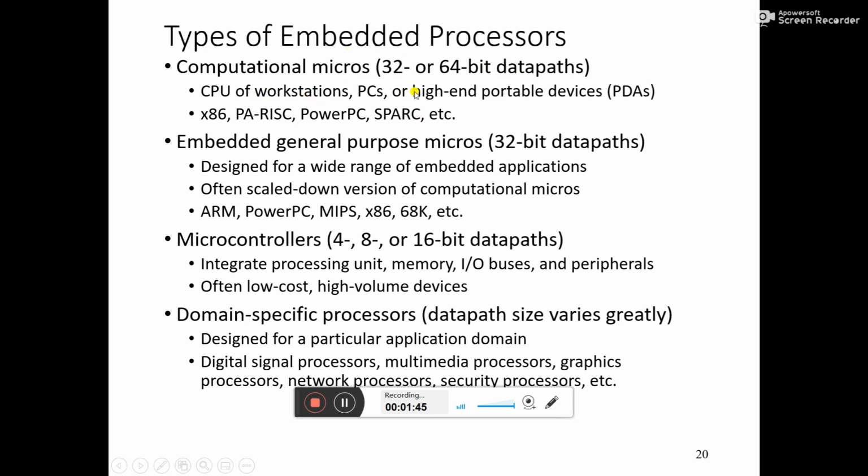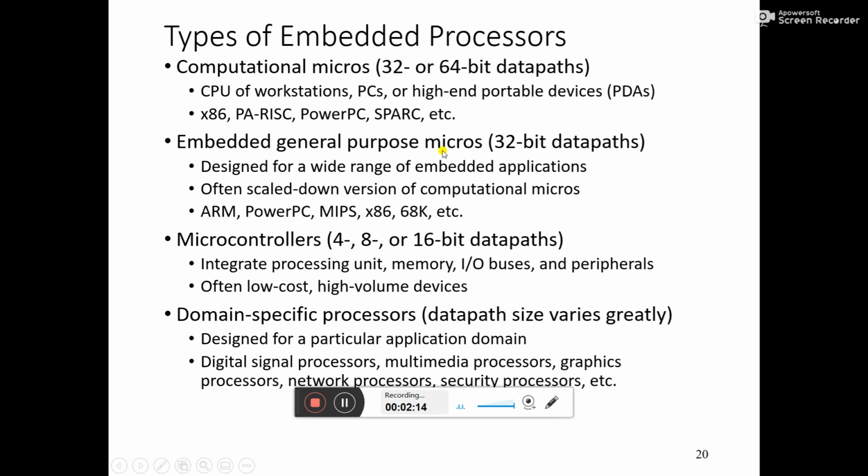These are general purpose computing systems, but these are embedded systems. They are not too big, are used handheld, can be used on palmtops, and can be used easily. The basic architecture depends on x86, RISC type architectures are also there, and PowerPC and SPARC are all examples of computational microprocessors.